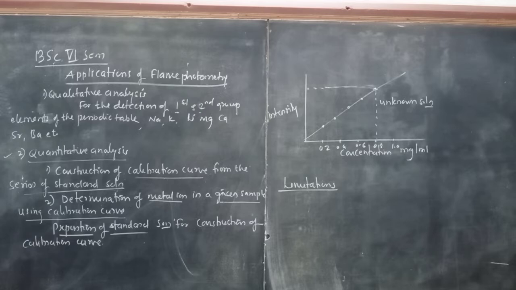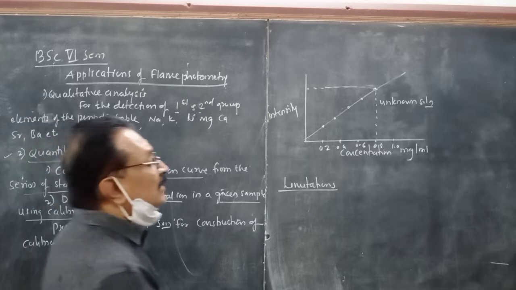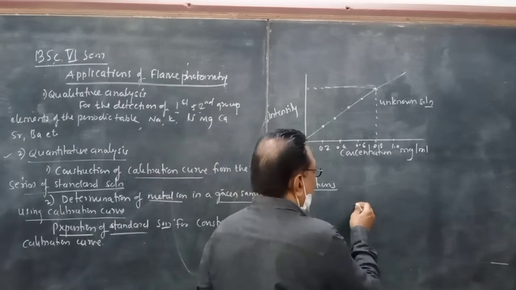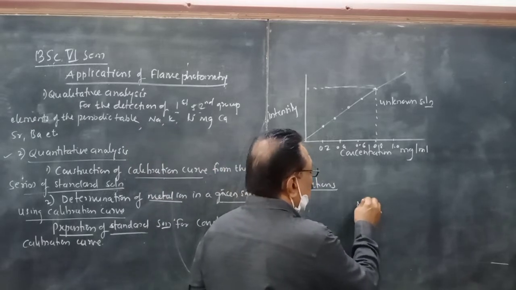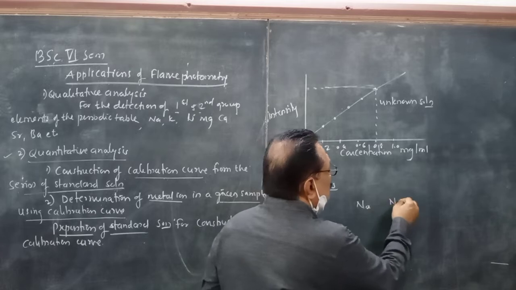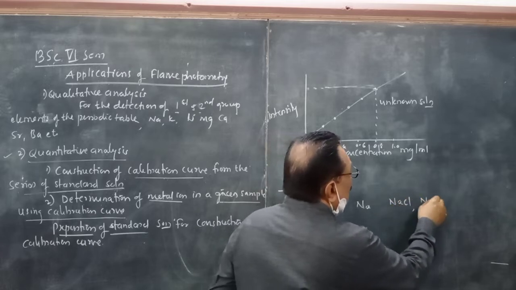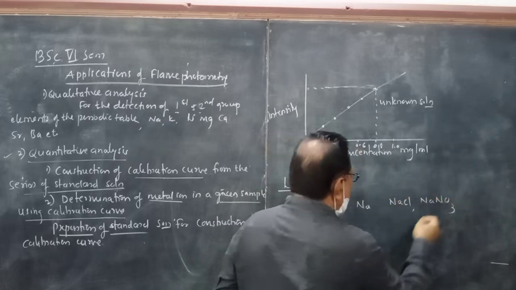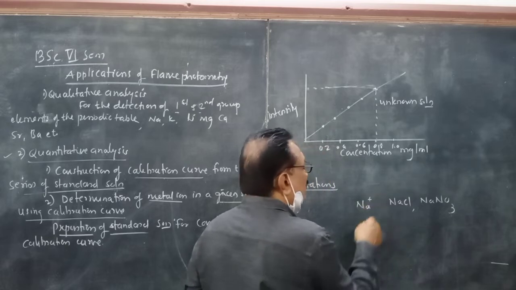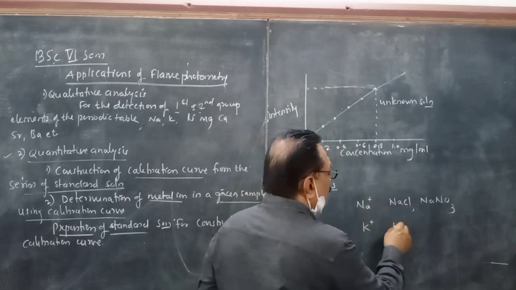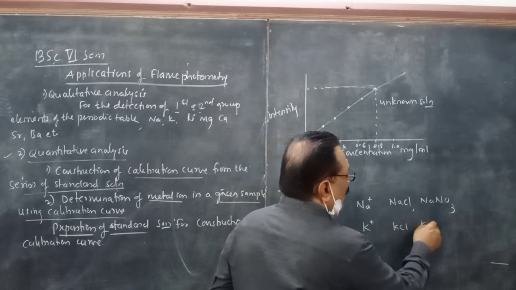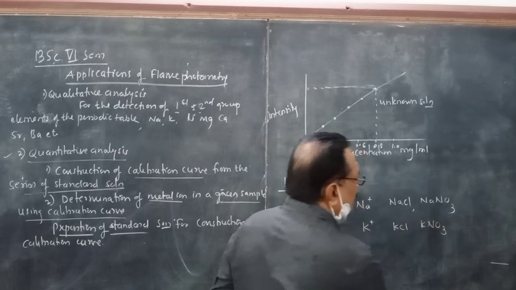Here, a known mass of a suitable compound is used. For the determination of sodium, we can use sodium chloride or sodium nitrate. For the determination of potassium ion, we can use KCl, or you can use potassium nitrate, KNO3, as a salt.